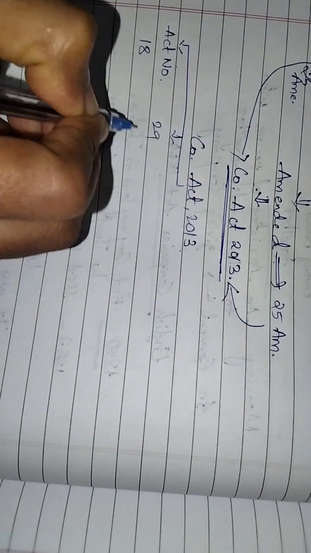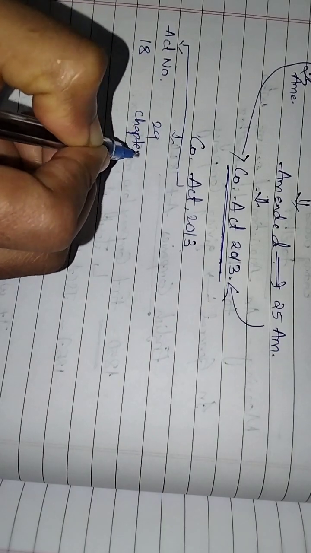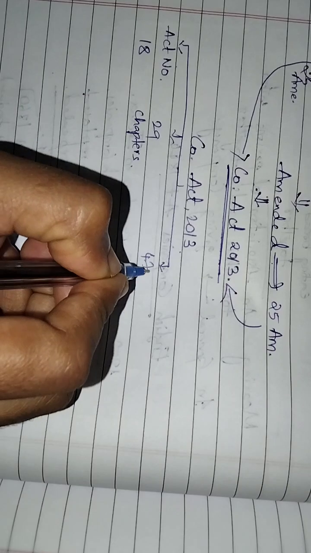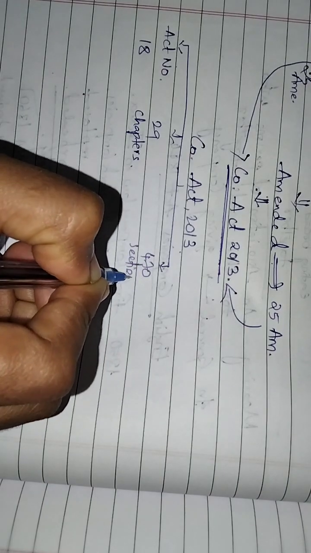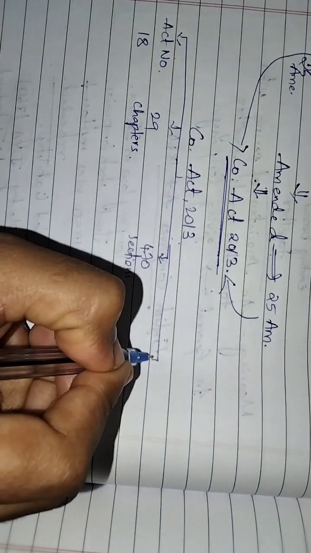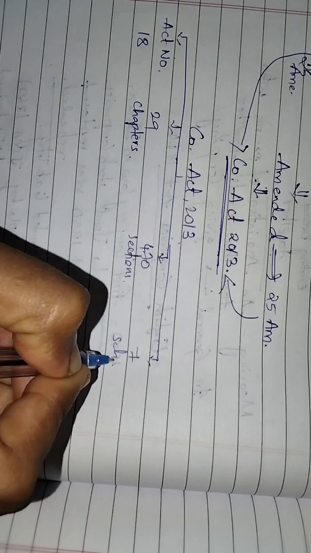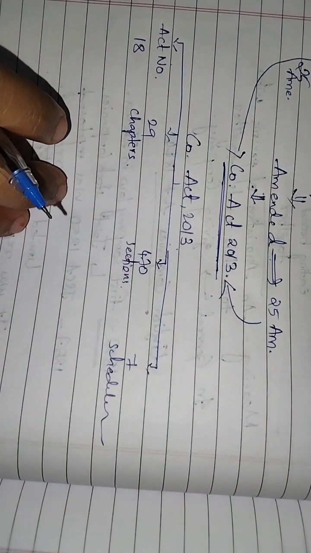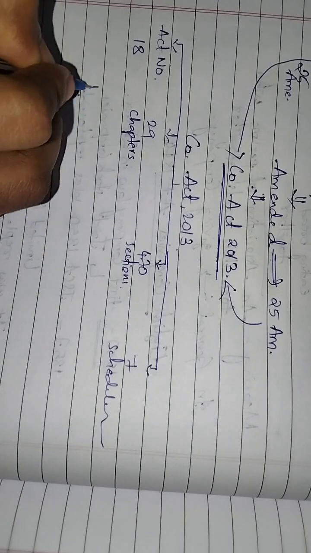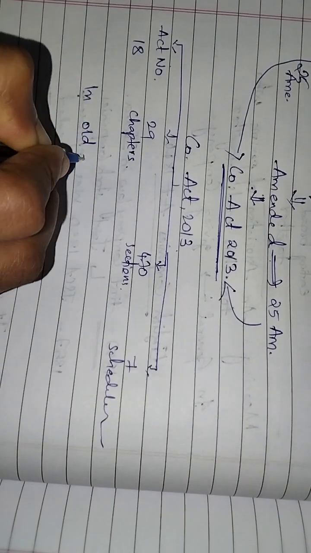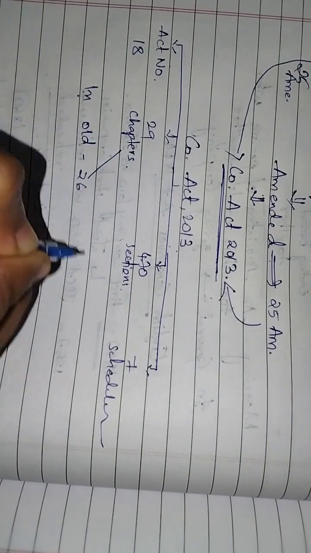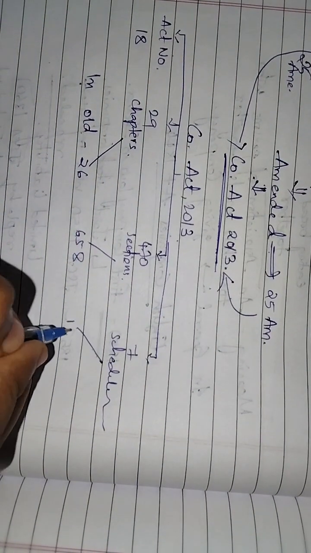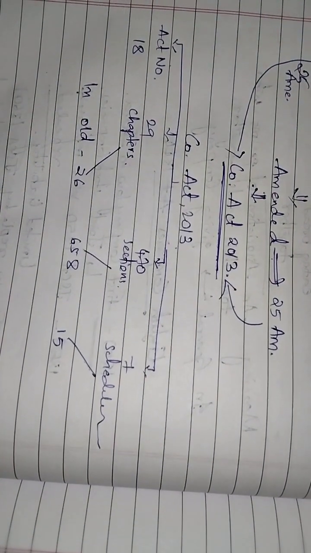There were a total of 29 chapters, 470 sections, and 7 schedules. In the old one, there were 26 chapters, 658 sections, 15 schedules.